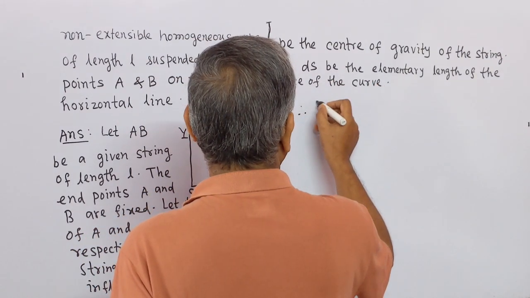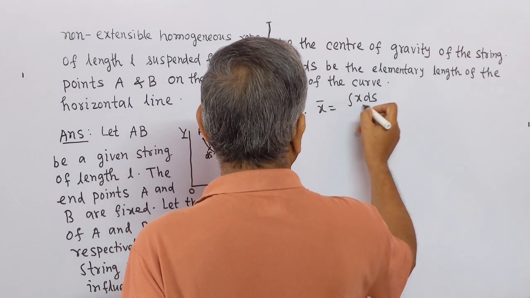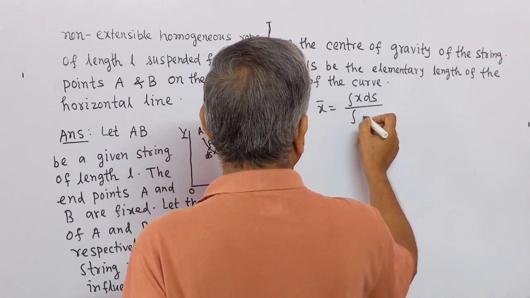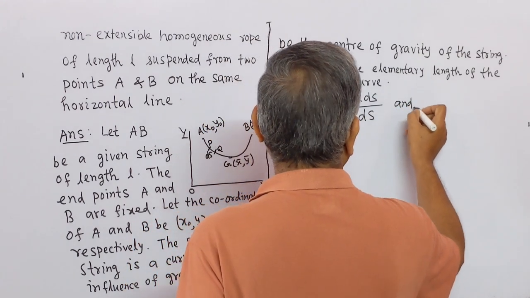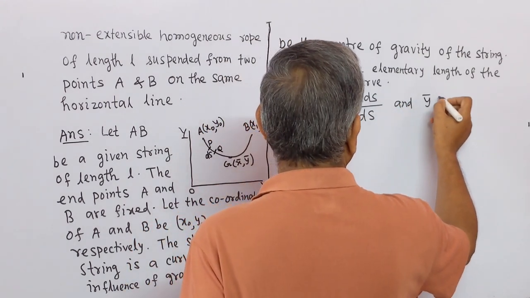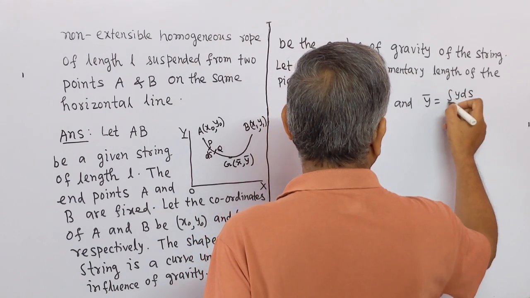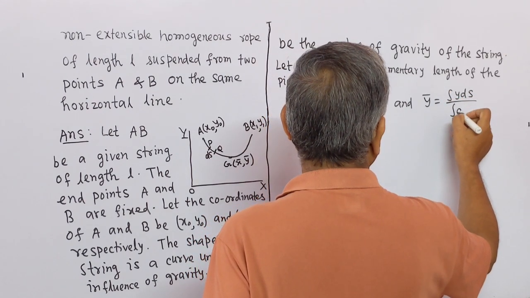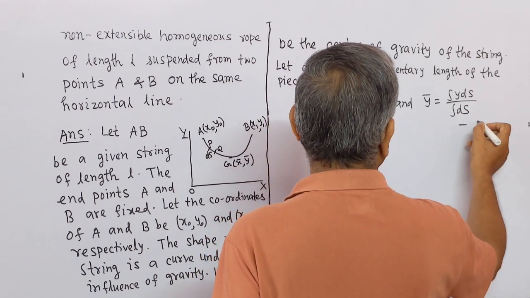Therefore, x bar equal to integration x ds by integration ds, and y bar equal to integration y ds by integration ds. Let this is number 1, this is number 2.